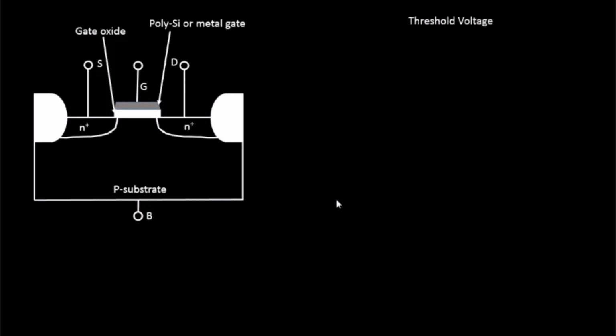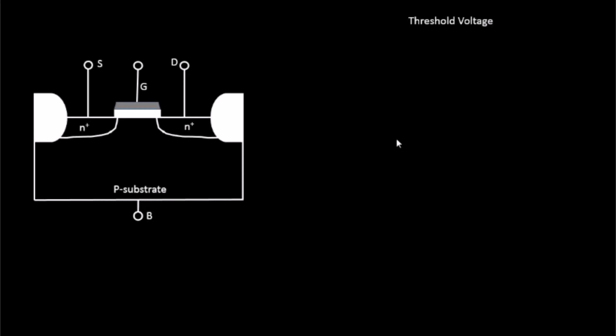So let's begin with one of the very important electrical properties of the MOSFET, which is the threshold voltage. By definition, threshold voltage is the voltage at which your device turns on.